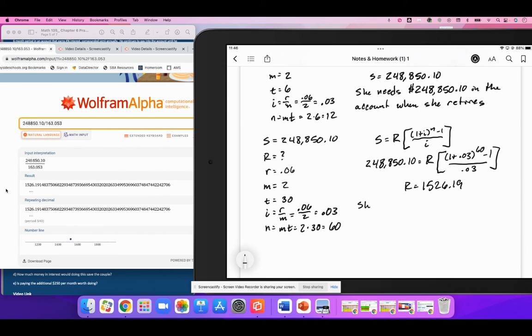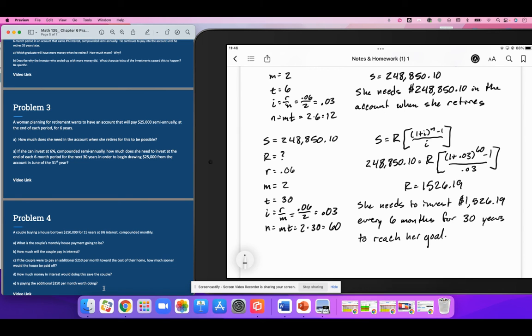So she needs to invest $1,526.19 every 6 months for 30 years to reach her goal. And so that's going to be it for number 3. Hopefully this is helpful.